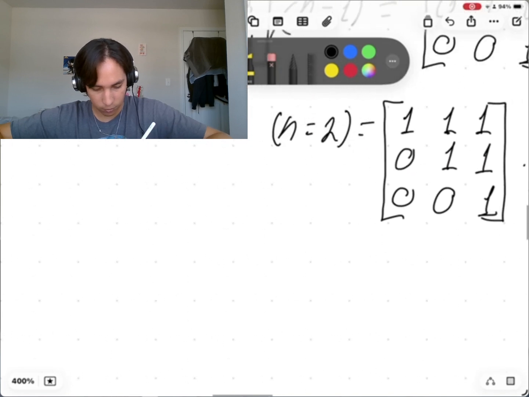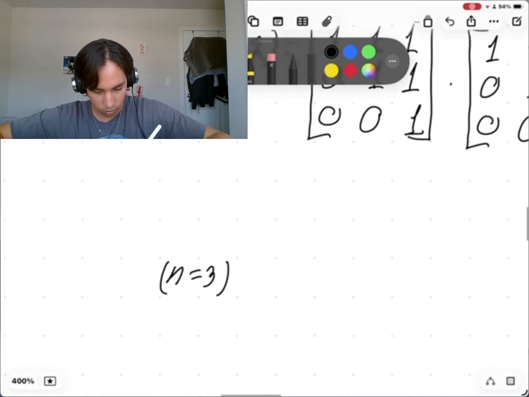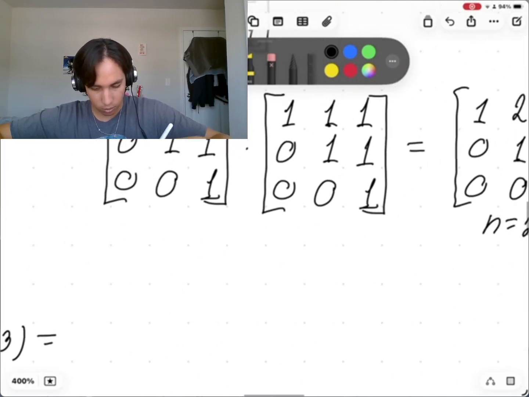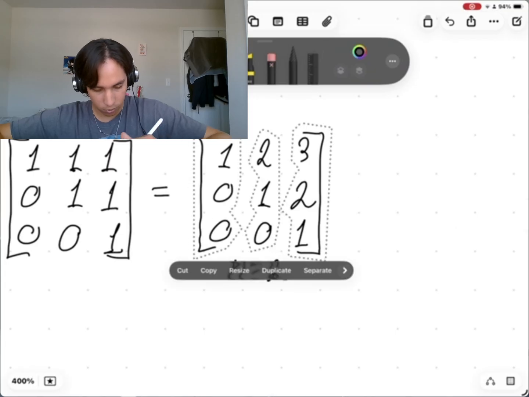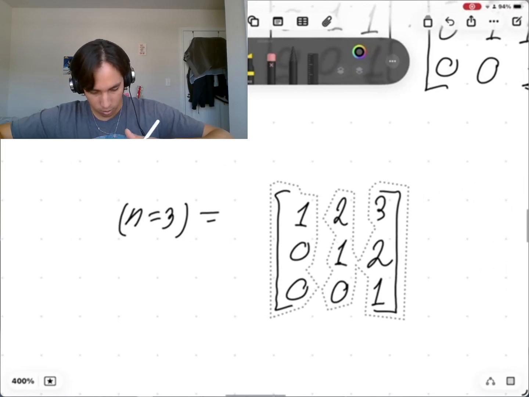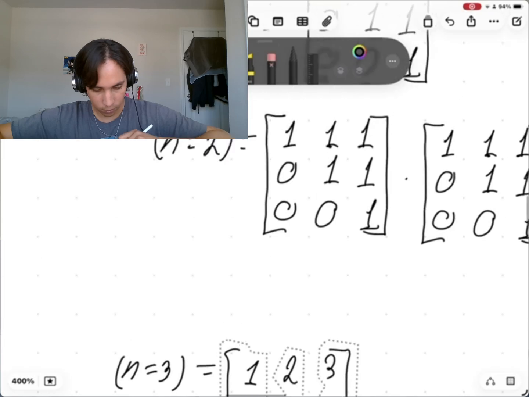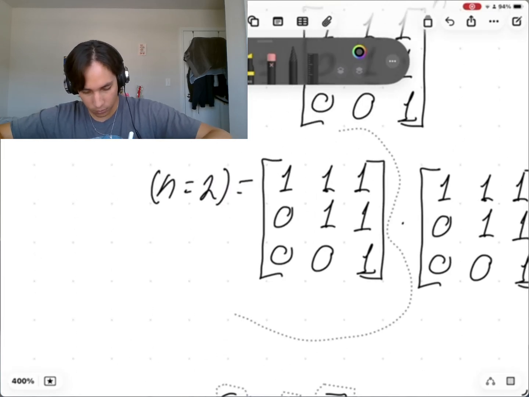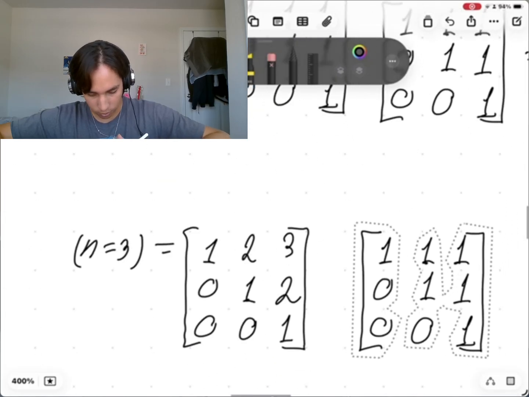For n equals 3, it is the same matrix multiplied by the original matrix. That's a process. That's how you do exponents, if you didn't know.